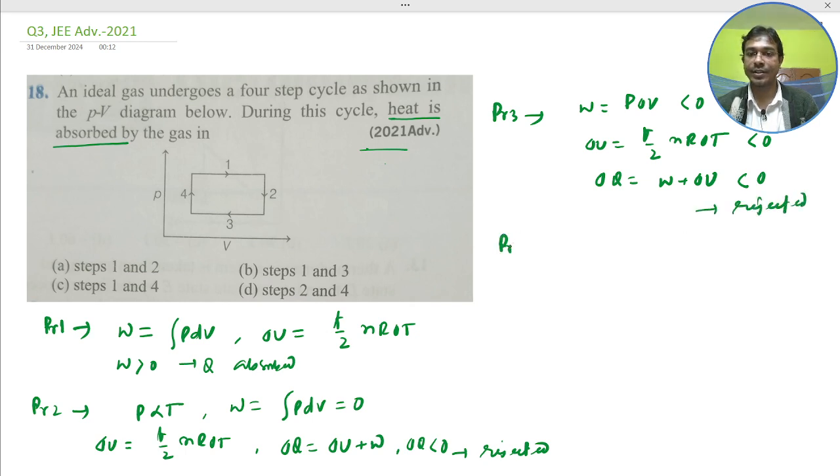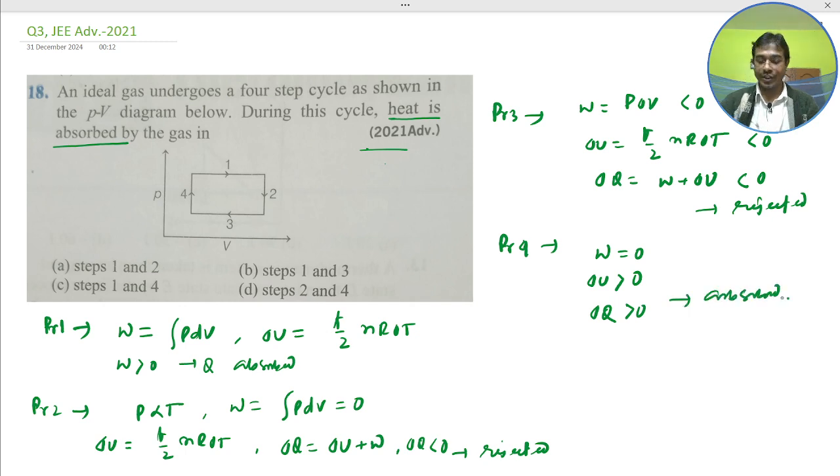Heat is rejected. Process 4, this is 4 to 1: here W is 0, ΔU is greater than 0, ΔQ is also greater than 0. So here heat is absorbed. So heat is absorbed in steps 1 and 4, so C would be our correct answer.